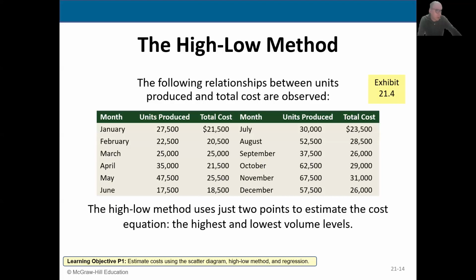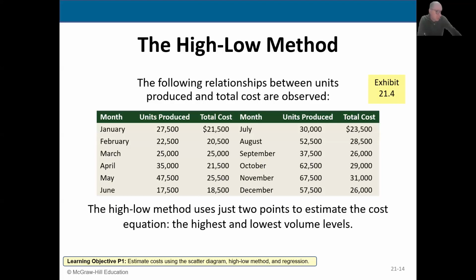The way we're going to do that, and I'm going to show you in the next slide, is by understanding the variable cost per unit based on the high-low points of data. So that's the second step, to compute the slope. We take the variable cost per unit, we find that using the high and low points of this data. Ultimately, what it's doing is helping us to find the average.